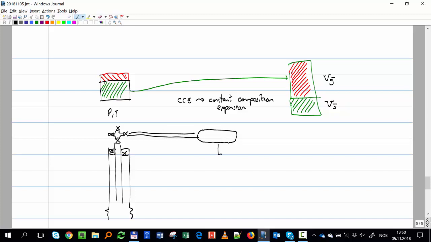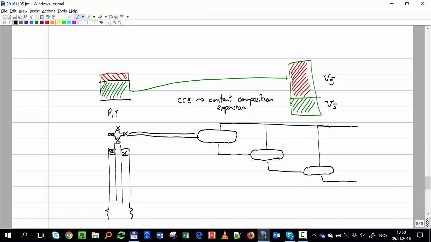Separator. And what happens in the separator? I typically have 1, 2, 3 stages. But what I'm going to ask here: we're getting some VG, and here we're getting some VO at the end of that complex process. The main assumption of CCE is that these two are in equilibrium.